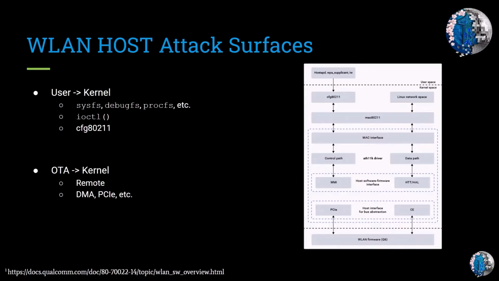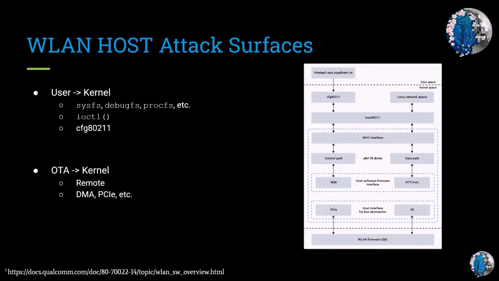The unique thing to WLAN that a lot of other drivers don't have to deal with is the OTA route, right? So your holy grail, in most cases, if you're doing offensive security research, is you want to get that zero-click OTA bug from some remote pre-auth, get straight to the kernel, code execution, and then do whatever you want to do.